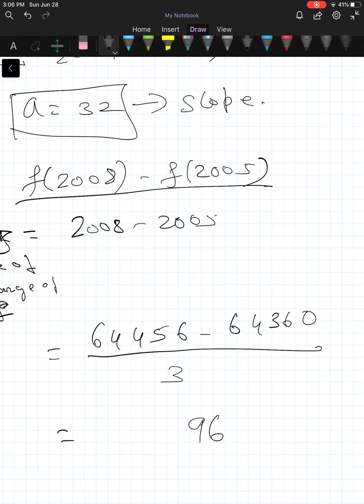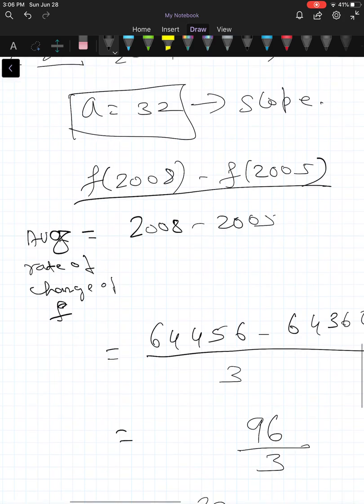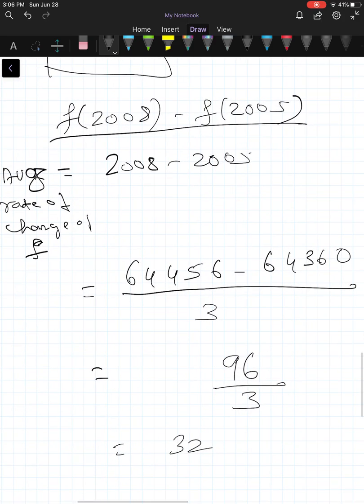So 96 over 3, when I divide this, I will be getting 32. So definitely it matches the slope value, that is the a value. And again we are right by saying that the average rate of change is the same as the slope.